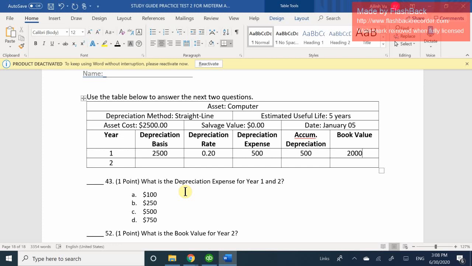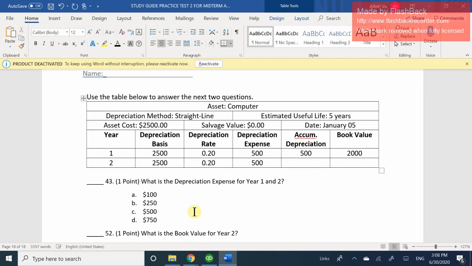There's only 2 numbers you need to solve for. Okay, the book value and the assumed depreciation. The basis and the rate, those remain constant throughout the 5-year lifespan. Good. Okay.